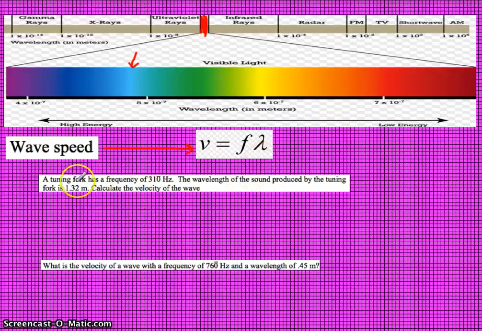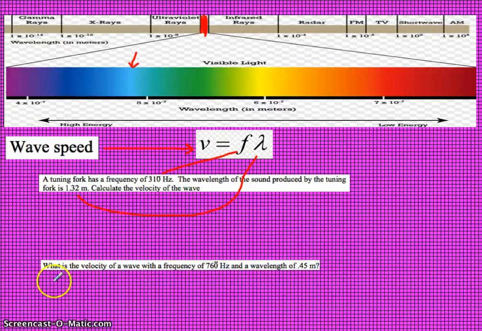So if we have a question down here that says a tuning fork has a frequency of 310 hertz, and the wavelength of the sound produced by the tuning fork is 1.32 meters, it would just be a matter of multiplying out 310 hertz times 1.32 meters, which would probably be around the ballpark of 500, and velocity is meters per second. 500 meters per second would be the velocity of that wave.